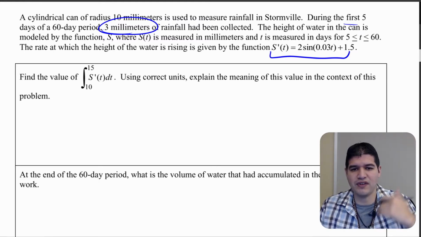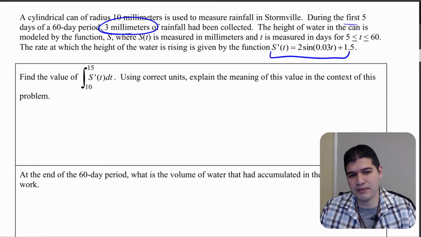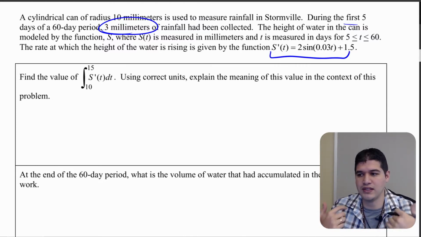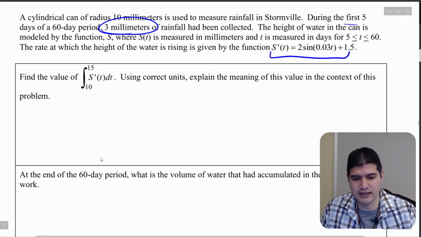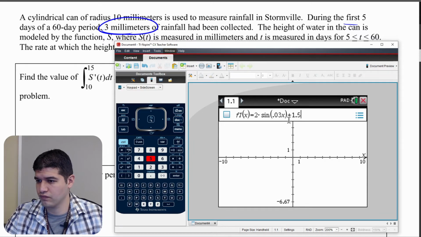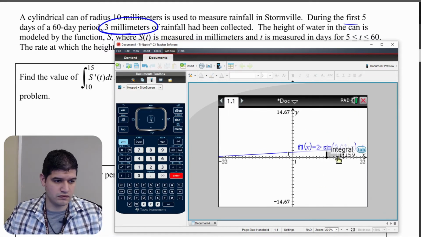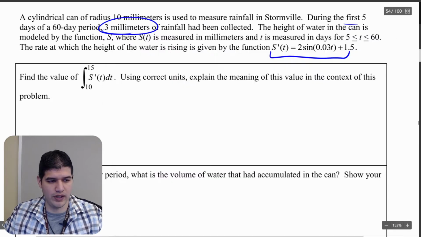So first we want to find the value of the integral from 10 to 15 of s prime of t dt and explain what this means. So let's go ahead and get our calculators and figure out what that is. All right, and so I got 11.159.